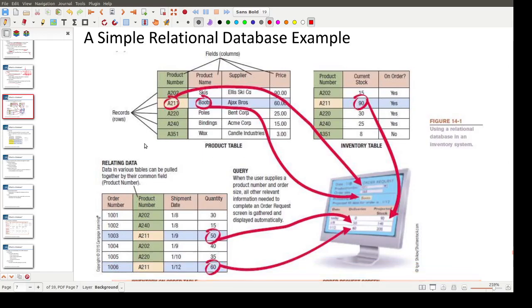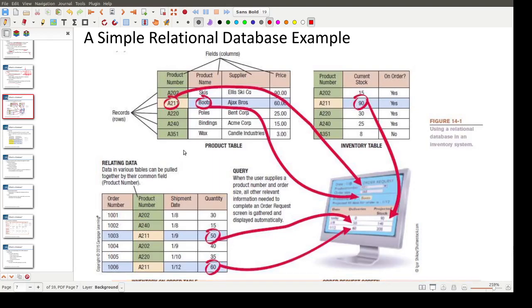If you look carefully here, in this inventory system, you have a table called the product table, and it has many rows, 1 2 3 4 5 rows, and every row has 1 2 3 4 columns, 4 fields. So the first row, the first column, I mean, is product number.